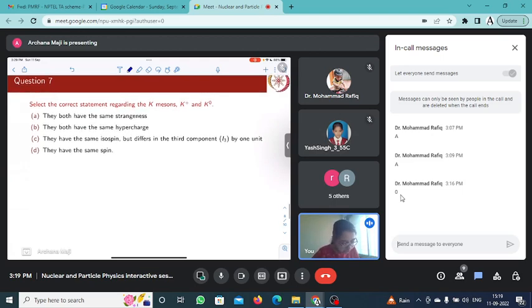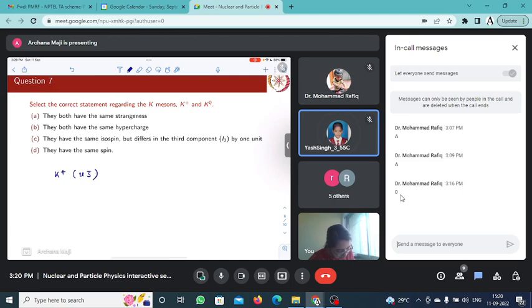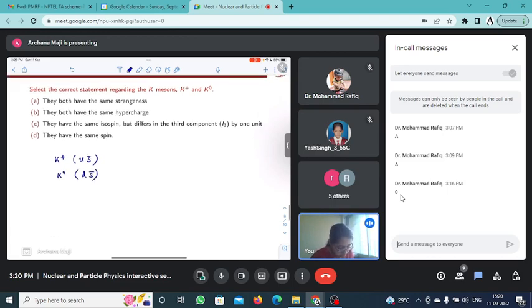Okay, select the correct statement regarding the K mesons, K plus and K0. So what is the quark content of K plus? U S bar. And K0? D S bar. Yeah, so do they have the same strangeness?